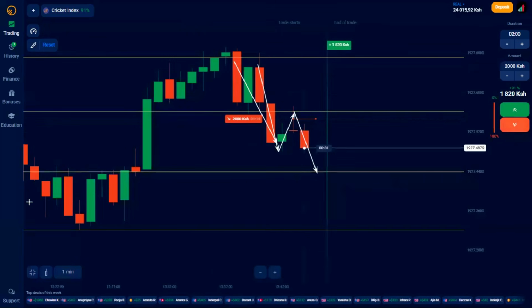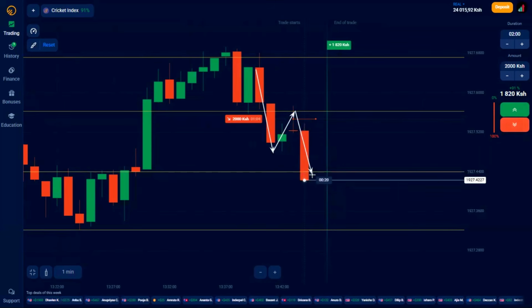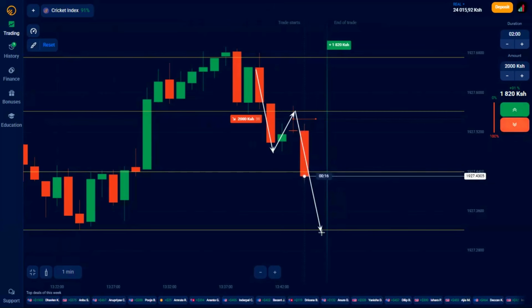According to the market structure, after a breakout, there should be a retest, then we continue with the journey, all right? So when it reaches here, we are expecting another breakout to the downside, then another retest here, like that, like that. The market repeats the same pattern over and over.